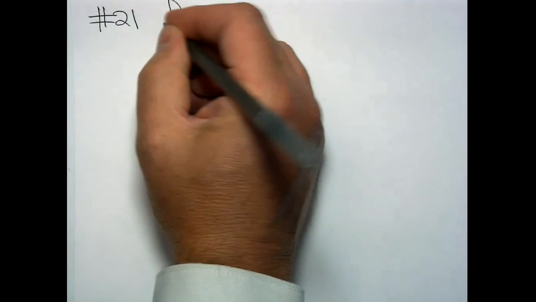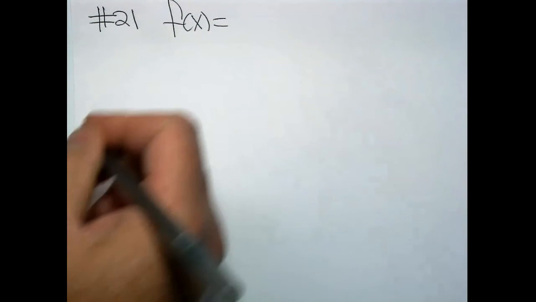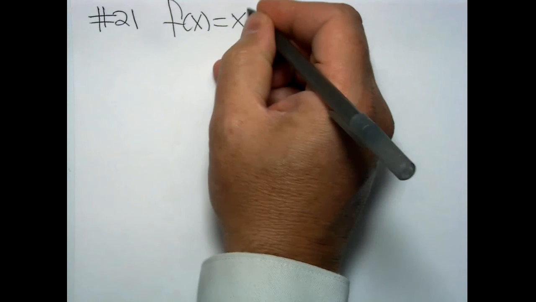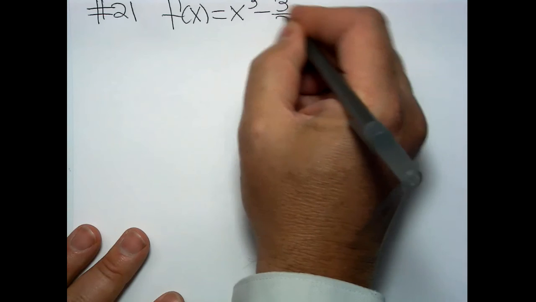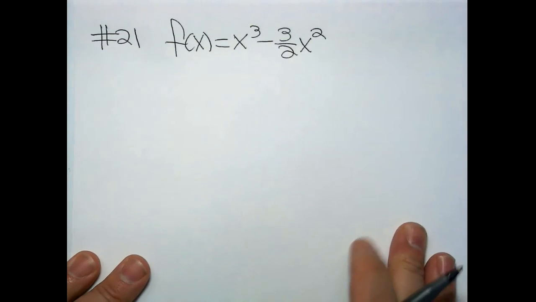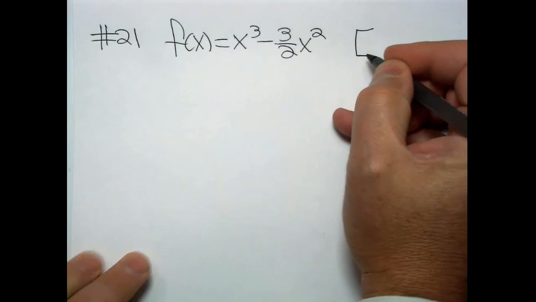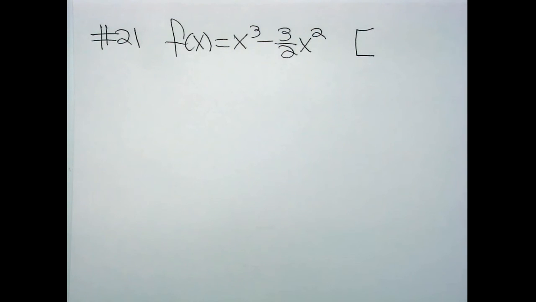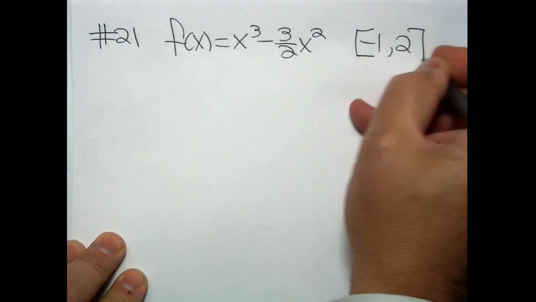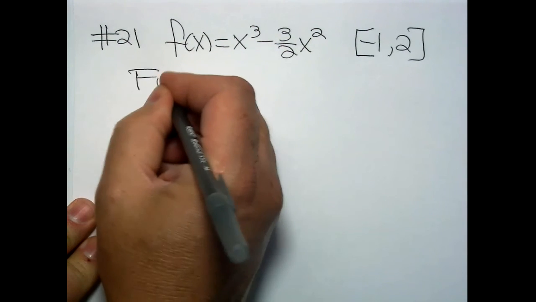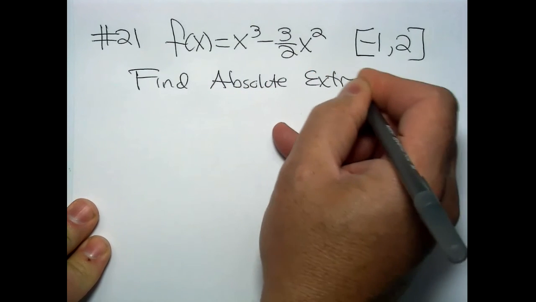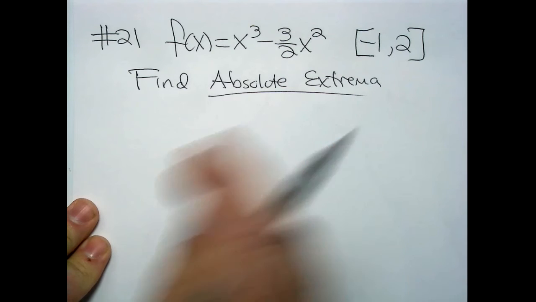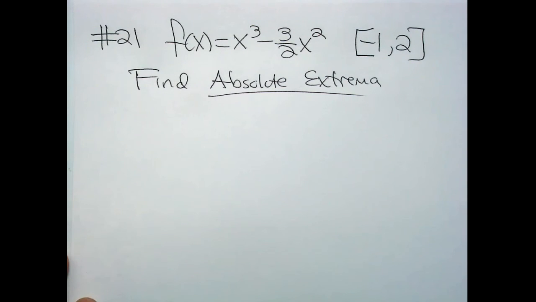Problem 21 says f of x is equal to x cubed minus 3/2 x squared, and the closed interval will be from -1 to 2. Find the absolute extrema. That's plural for extreme y values, so I mean both the maxes and the mins.